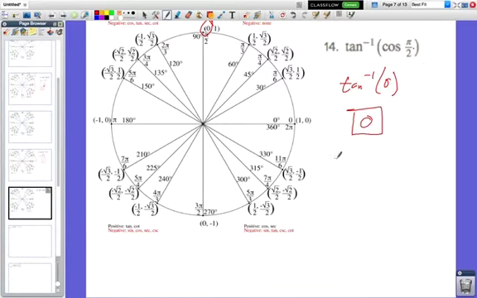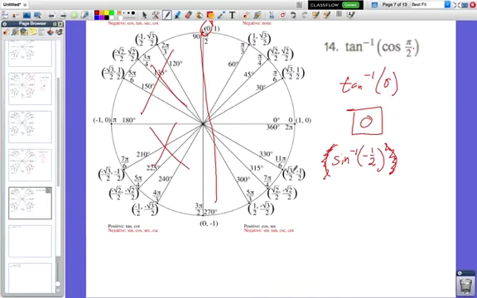If we're looking at the sine inverse of negative 1/2, we're just looking at the right side.